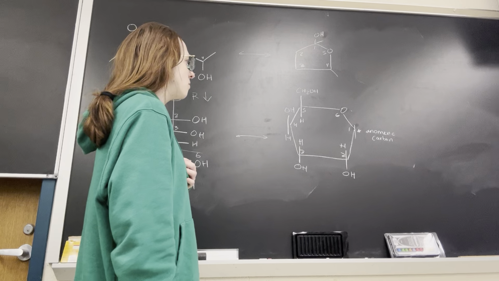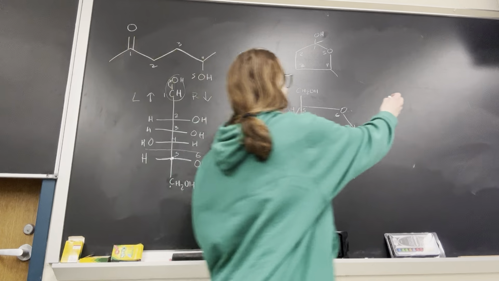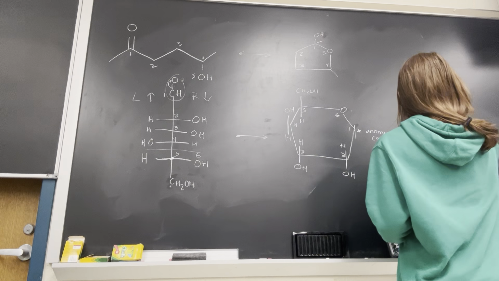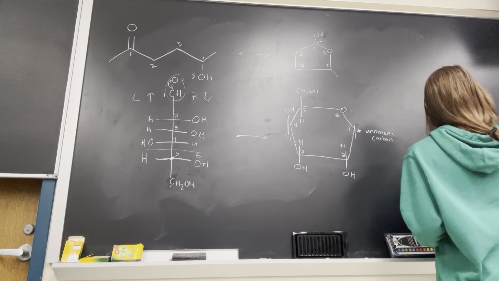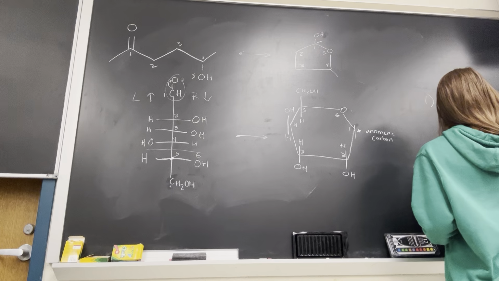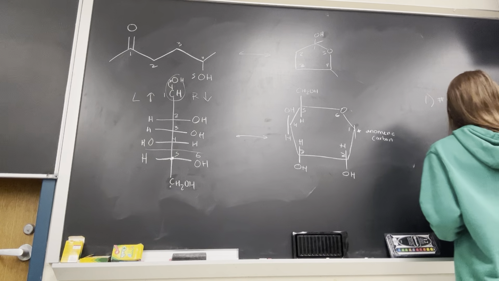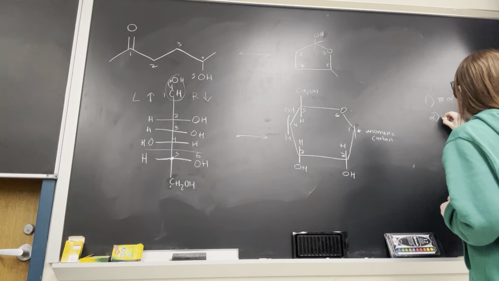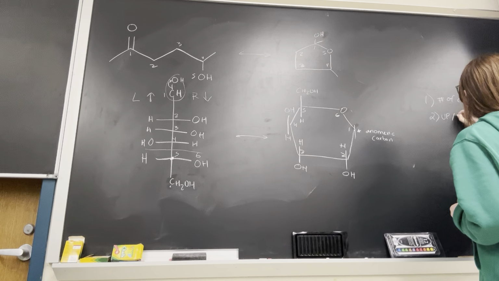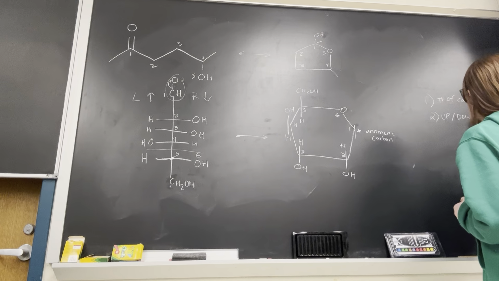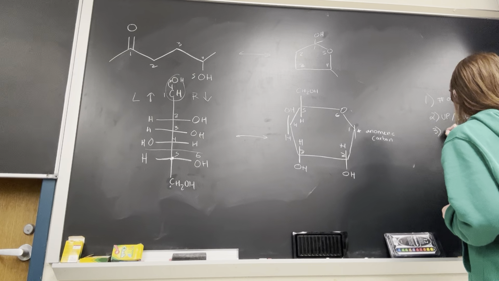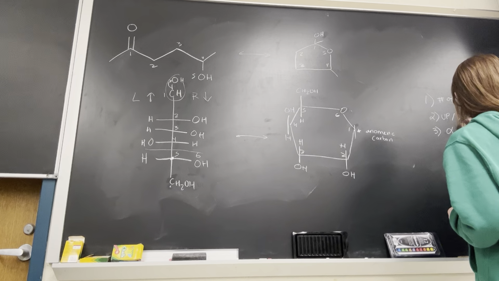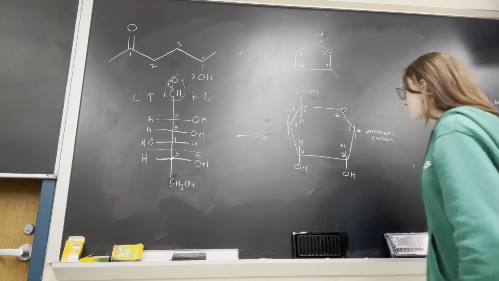Let me make a list. First, we have the number of carbons in the ring. The second thing you have to get right is the up, down. And the third thing is alpha or beta.